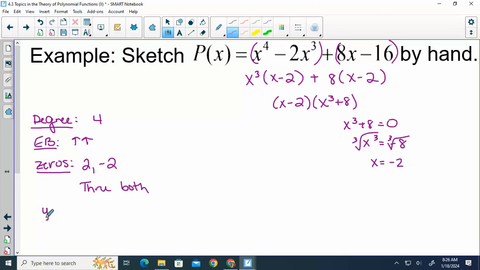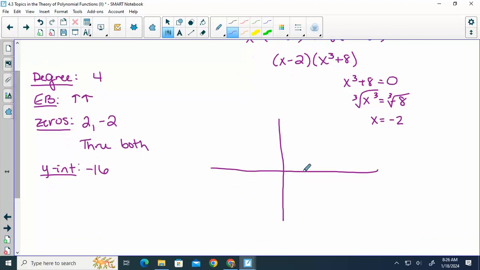Okay, y-intercept. If you plug in 0 for all of your x's, we could even do that back at the beginning. What do we get? So we hit at positive and negative 2. Y-axis negative 16.